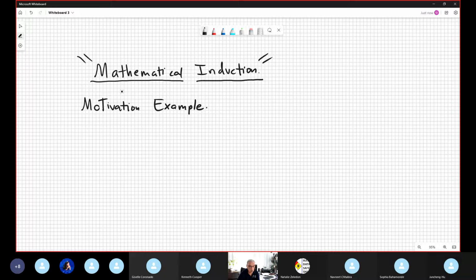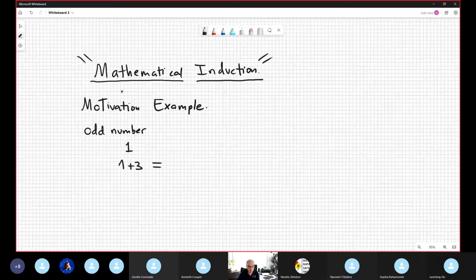Suppose I have odd numbers. The first odd number, you know, is 1. Okay. The second is 3. If you add 1 plus 3, it is 4. And 1 is just 1. And adding 1 plus 3 plus 5 is 9, right?